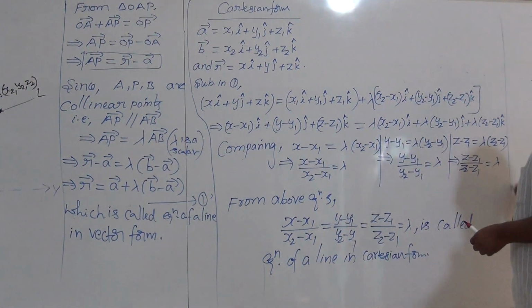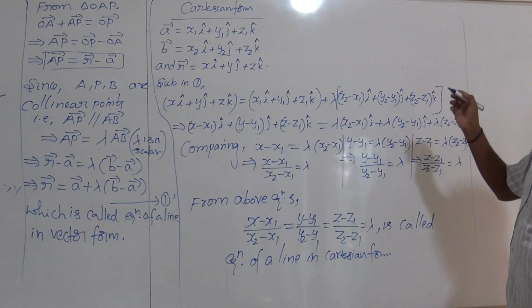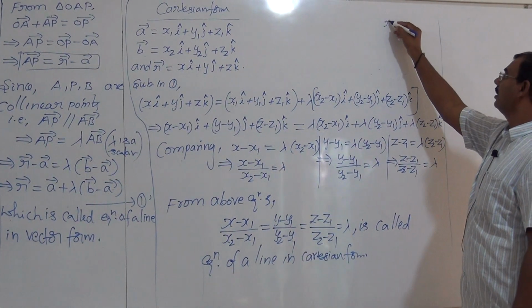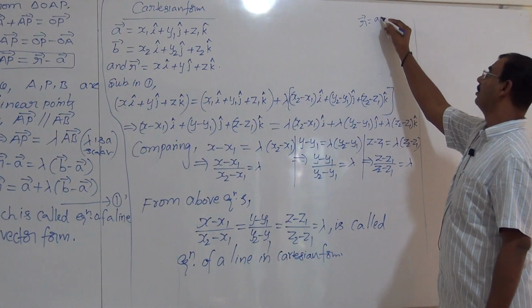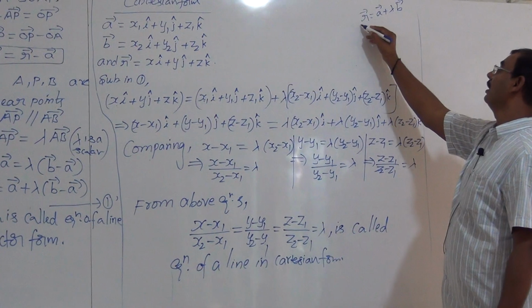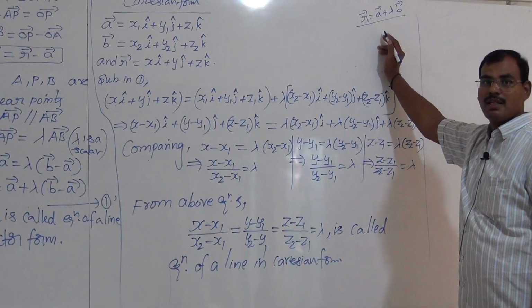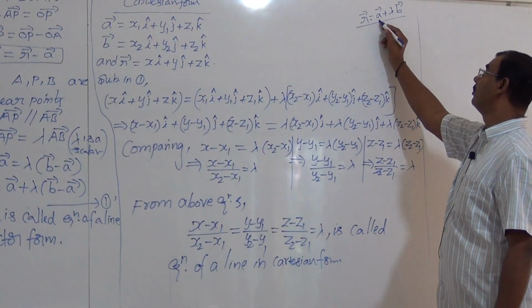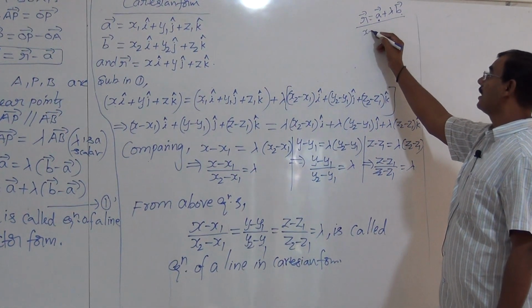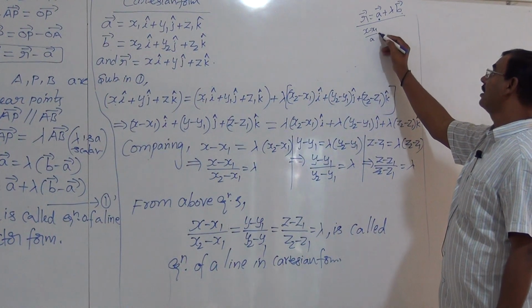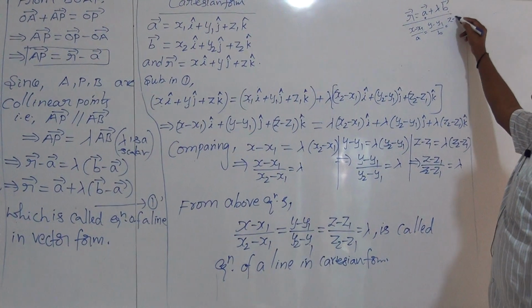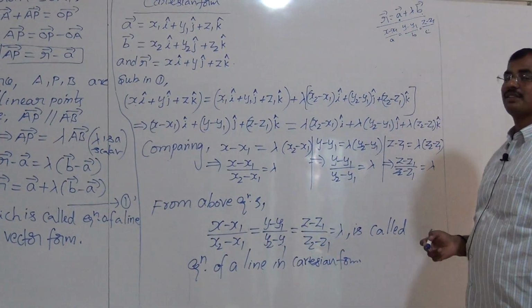So last class we completed the equation of a line passing through a point. That is R bar is equal to A bar plus lambda times B bar. It is called the equation of a line passing through a point and parallel to a vector, in vector form. x minus x1 by a is equal to y minus y1 by b is equal to z minus z1 by c.